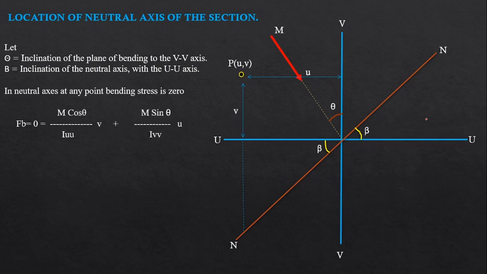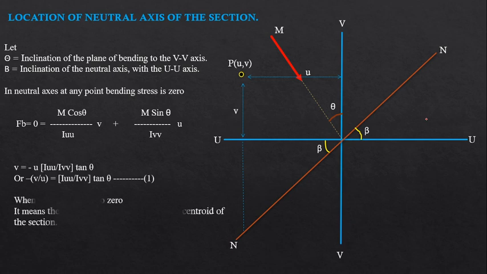So we know the formula Fb equals m cos theta upon Iuu into V plus m sin theta upon Ibb into U equals 0. From this we conclude minus V upon U equals Iuu upon Ibb tan theta. That's our equation number 1.